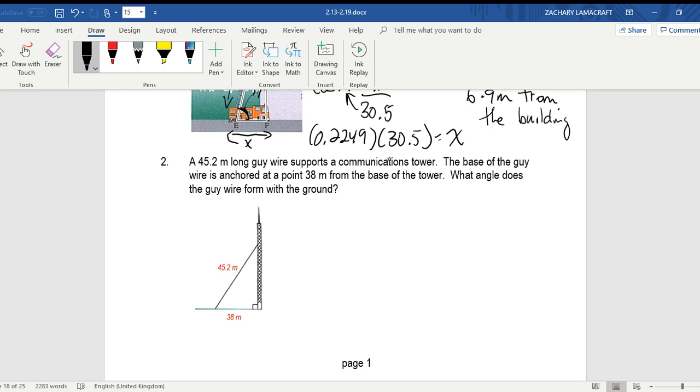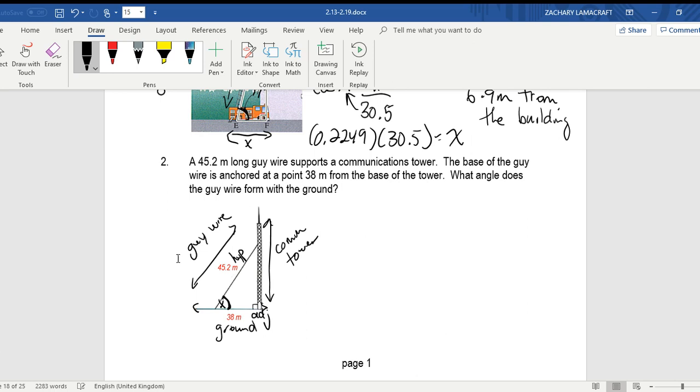So if we think about this, this is the communication tower, just so you're aware. And then this is the ground. This is the guy wire. And then this is the angle in which the guy wire forms with the ground. So we know that this is our hypotenuse. We know this is our adjacent because we have this.